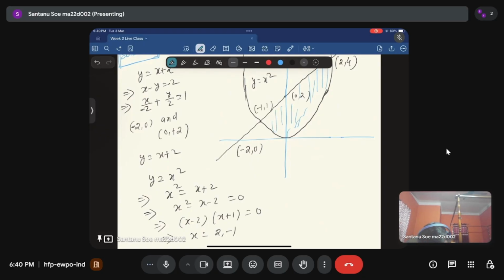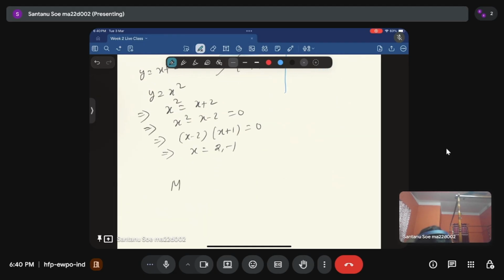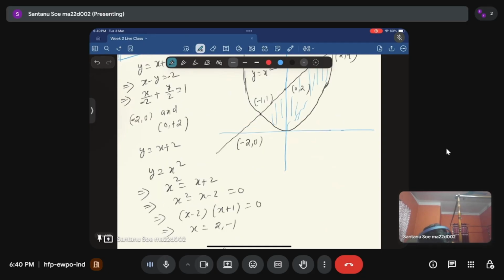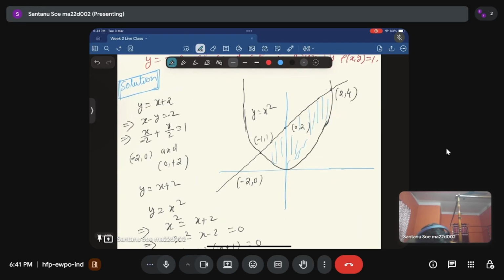Okay, so our m is given by x from minus 1 to 2, and we're going to take a strip like this. So this will be y from x square to x plus 2.